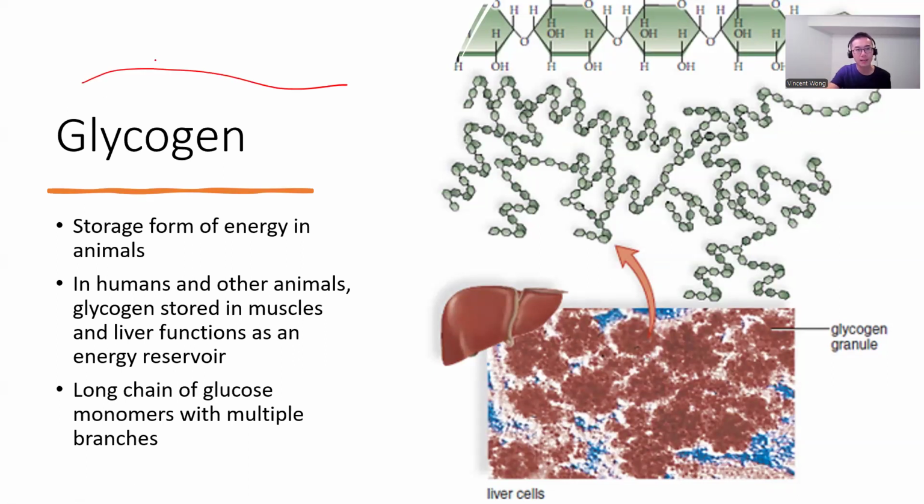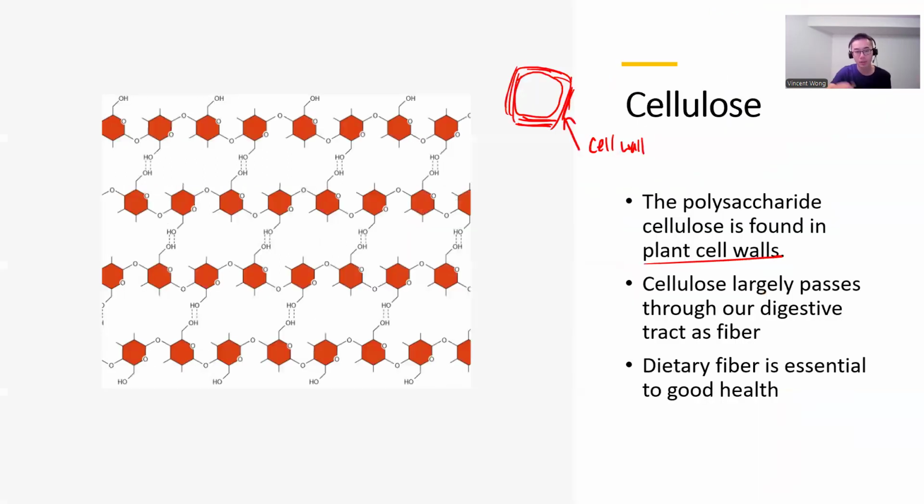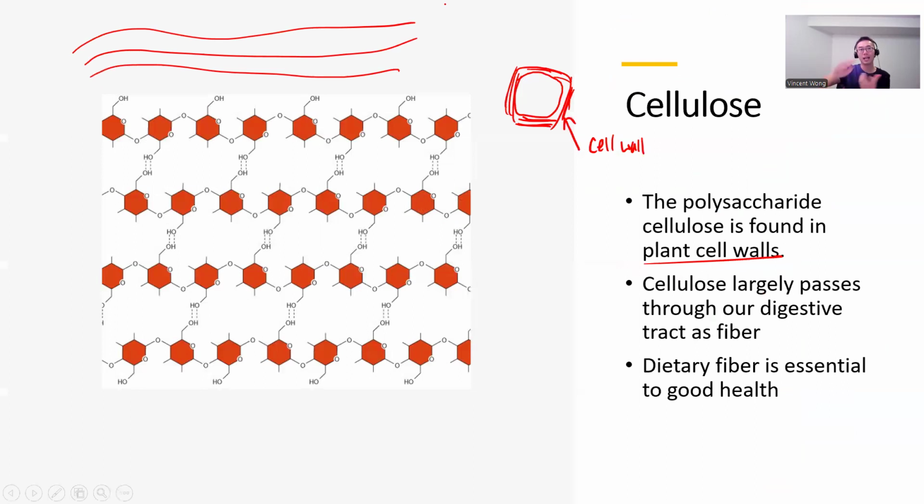You have the main branch, and then you have these branches that are coming off of the main branch, and then you have more sub-branching. Okay, so in terms of complexity, it's much more complex than starch. And starch, compared to cellulose, I forgot to mention it here. Cellulose is just a long single branch like that. Here you have multiple single branches, and what they actually do is they get braided together like a rope, and it becomes really, really strong.